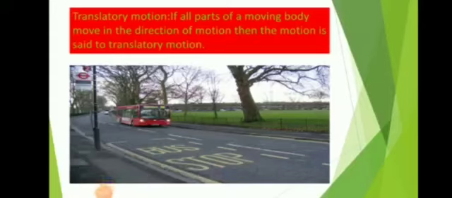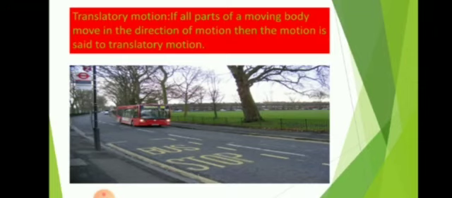Now we are going to see types of motion. Considering the direction of motion, what differences do you notice in the above examples? A car traveling along a straight road, motion of blades of a ceiling fan, motion of a needle in a running sewing machine, motion of pendulum in an old wall clock.